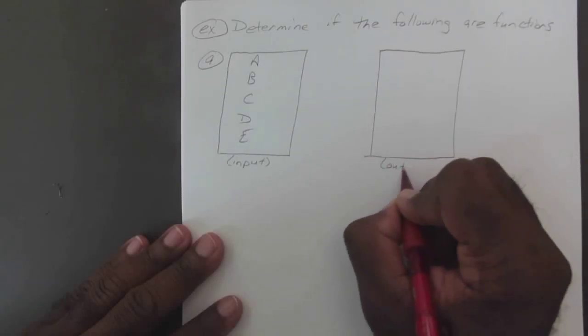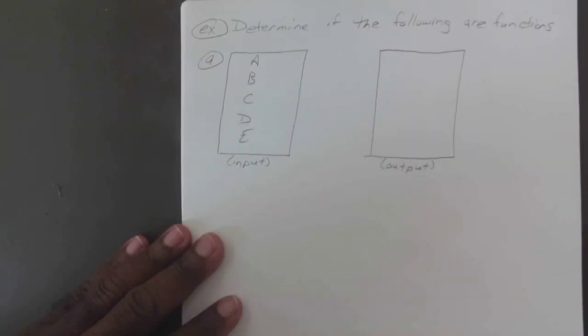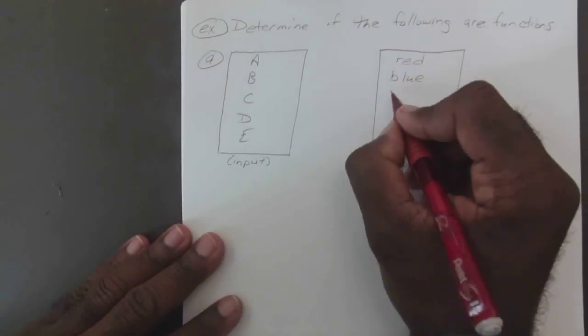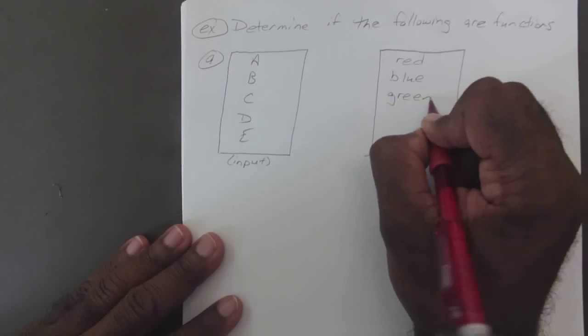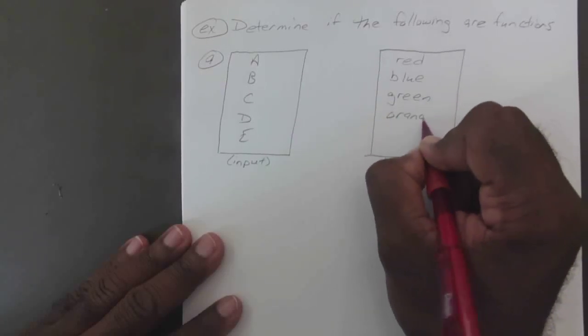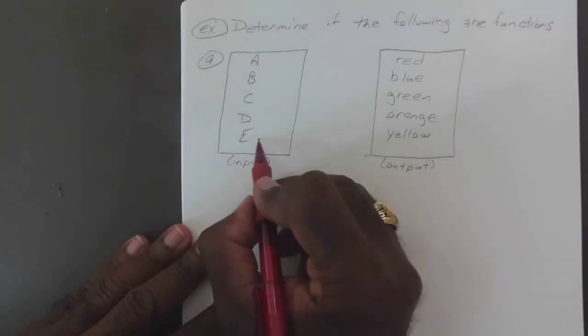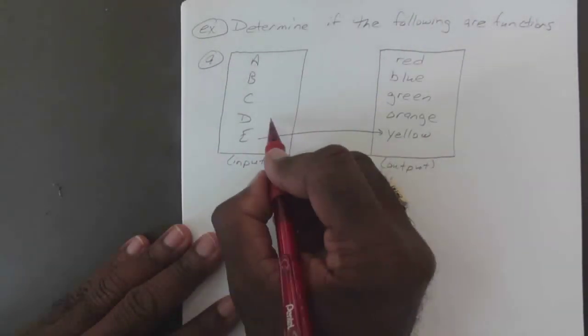And for your output, you have red, blue, green, orange, and yellow. Okay, let's say these line up here.